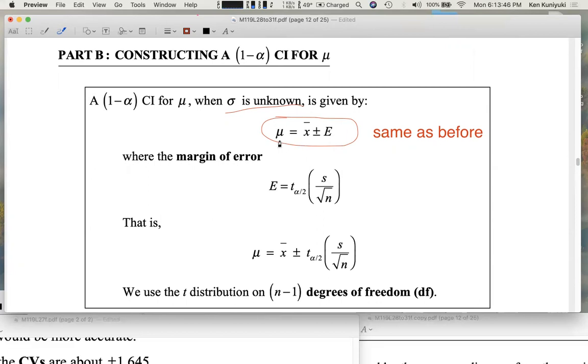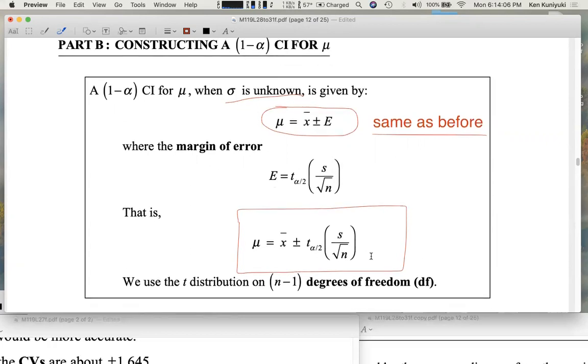We're going to say that the population mean we believe to be the sample mean, give or take the margin of error, E, the exact same as before in lesson 28. But now there are a few differences in the formula for the margin of error, and that of course impacts this combined formula down here, which you can apply directly.